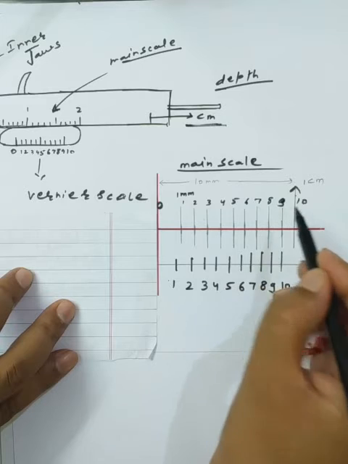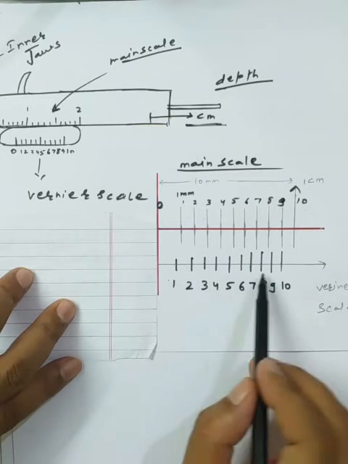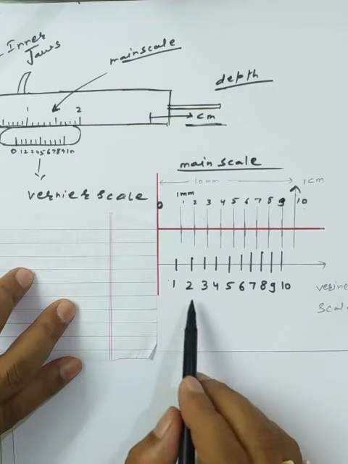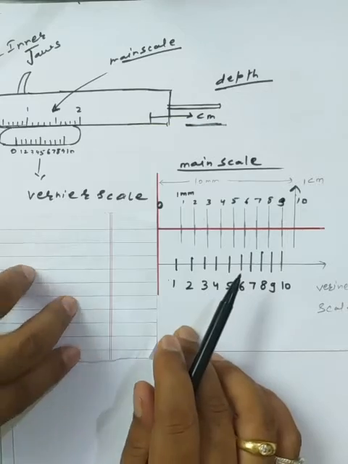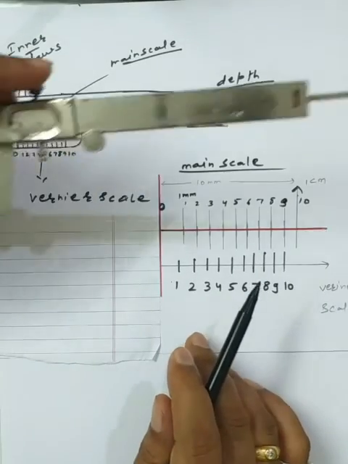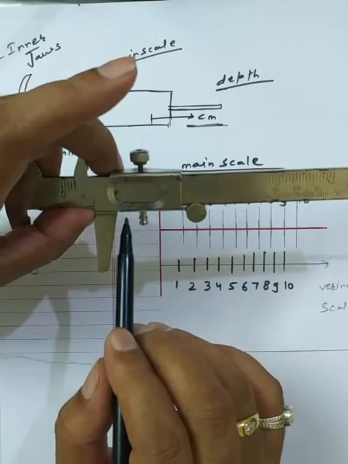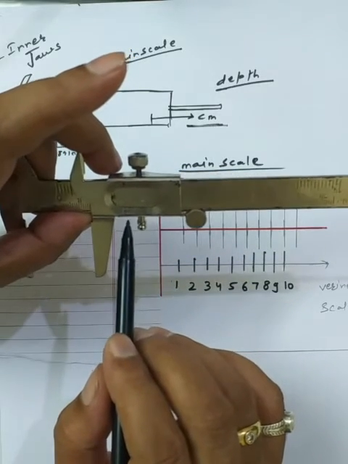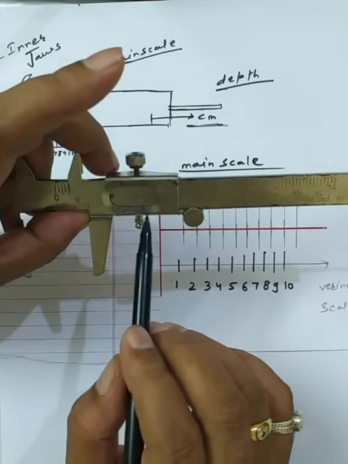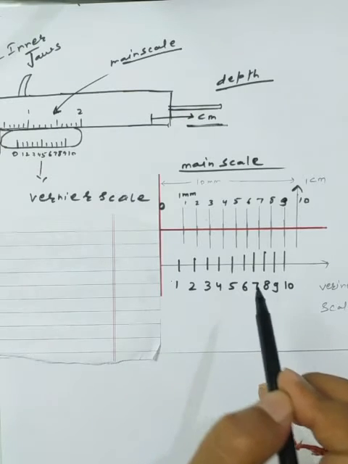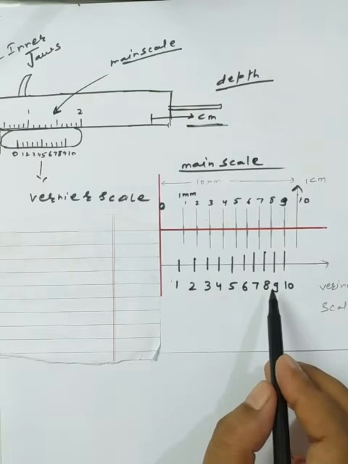And the comparative scale along the main scale is called the vernier scale. For the vernier scale, we generally have 11 lines. I think it is not properly visible to you, but I have made a pictorial diagram, so please concentrate here.